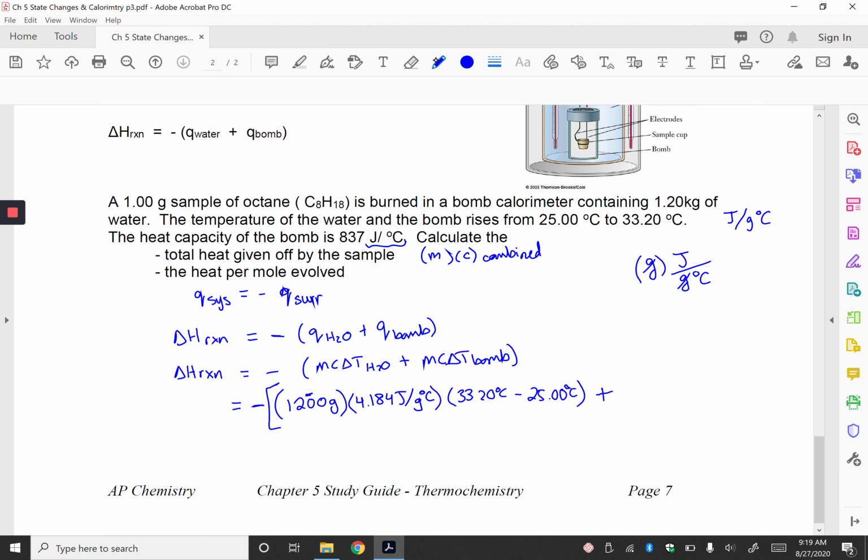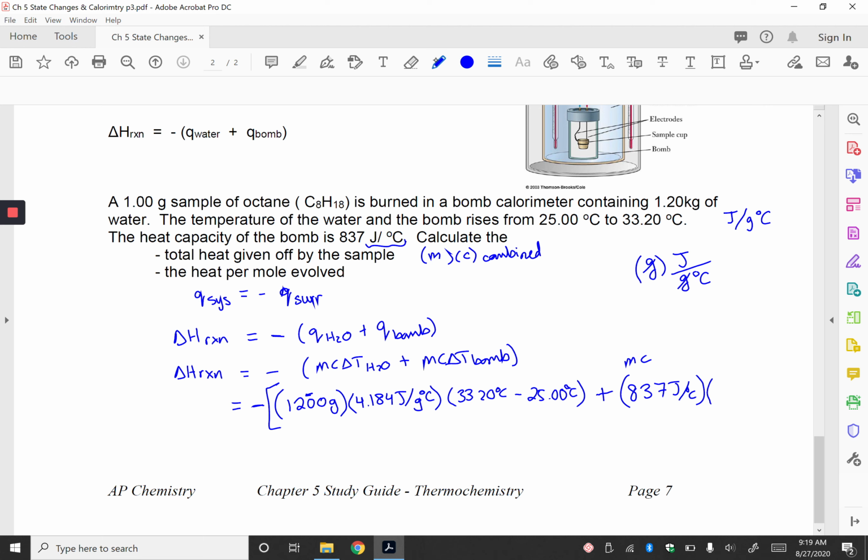So if they give it to you in joules per Celsius, that means M and C are combined. So this number is both M and C for the bomb. It's not really to confuse you, it's just to make it easier. So 837 joules per Celsius, that is M and C for the bomb.